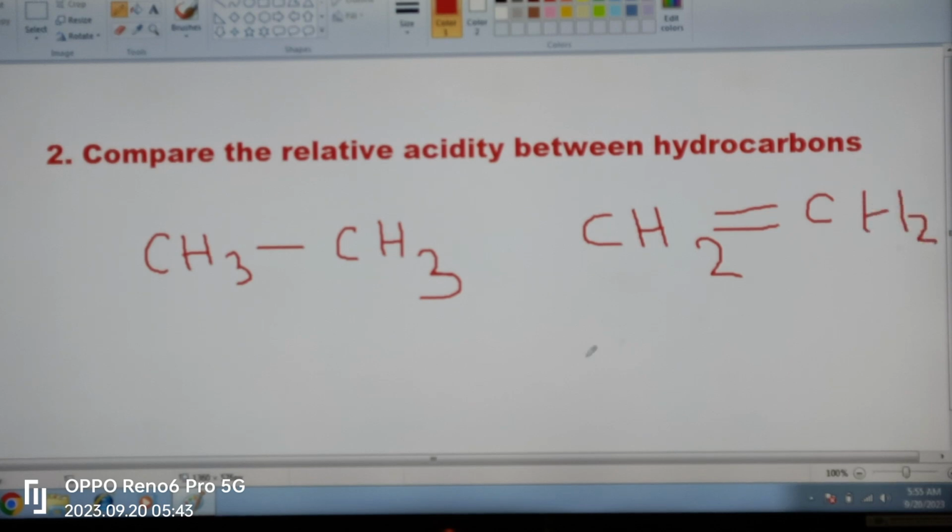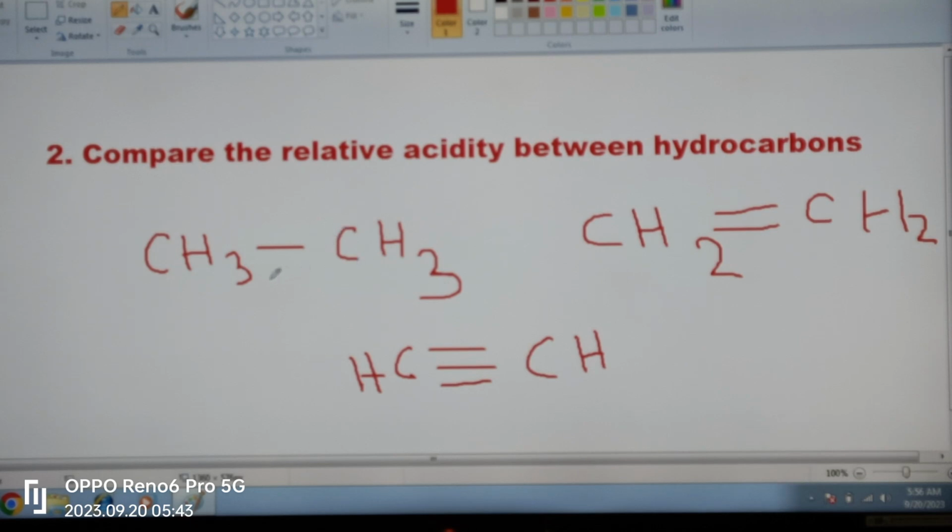This is alkane, alkene and alkyne. All of you know there is a change in hybridization. So first we have to see where the change occurs between the given compounds. If you identify that point, then it will be much easier for you to explain the relative behavior of acidity and basicity.